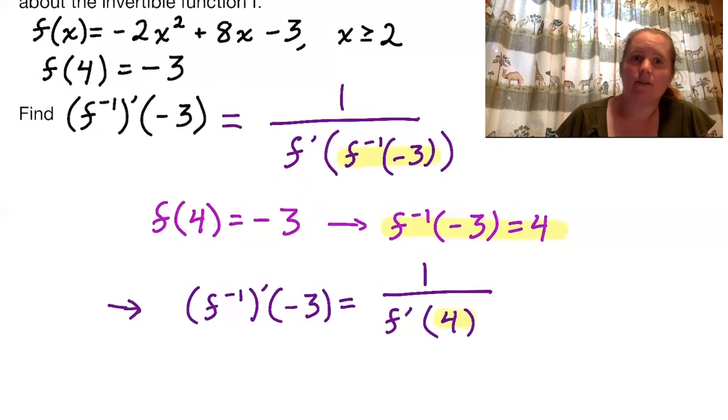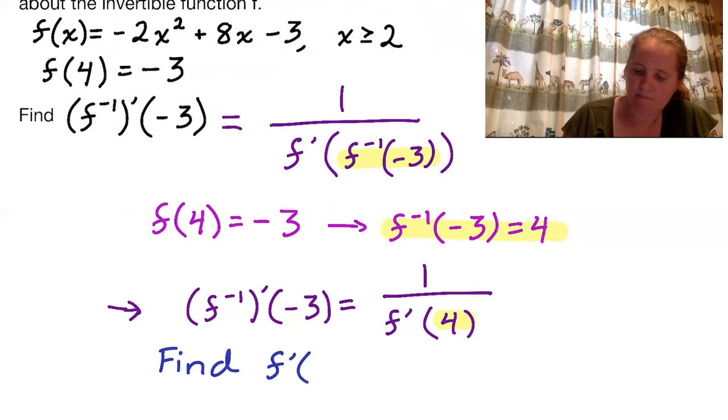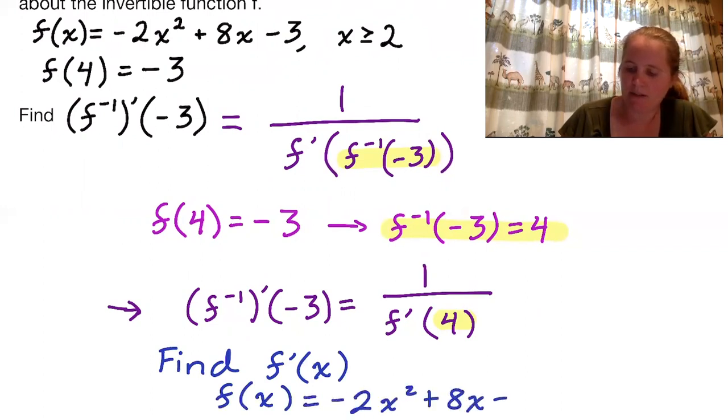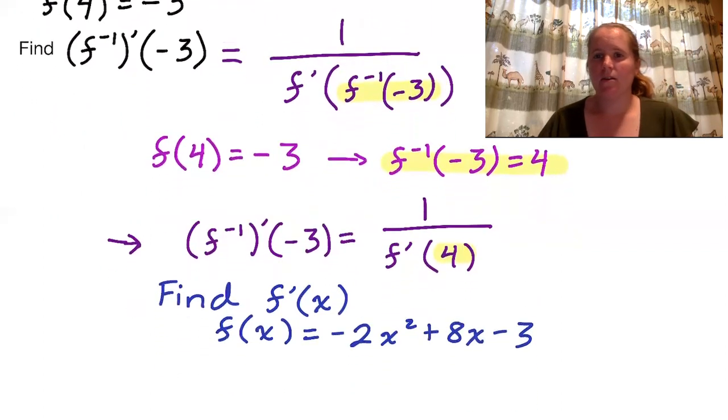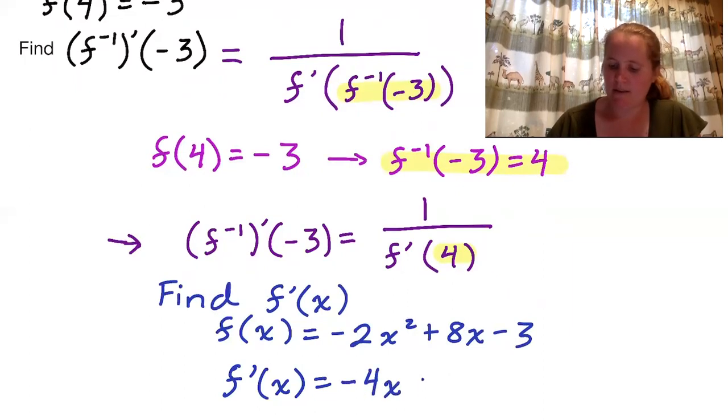At this point, we need to know f prime. So we need to find f prime of x. Well, f of x was negative 2x squared plus 8x minus 3, so f prime of x would be, by the power rule, negative 2 times 2x, or negative 4x, and then plus 8.